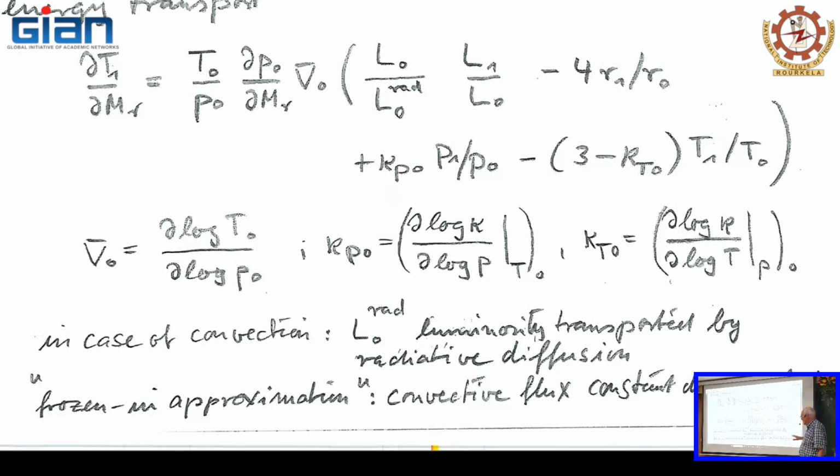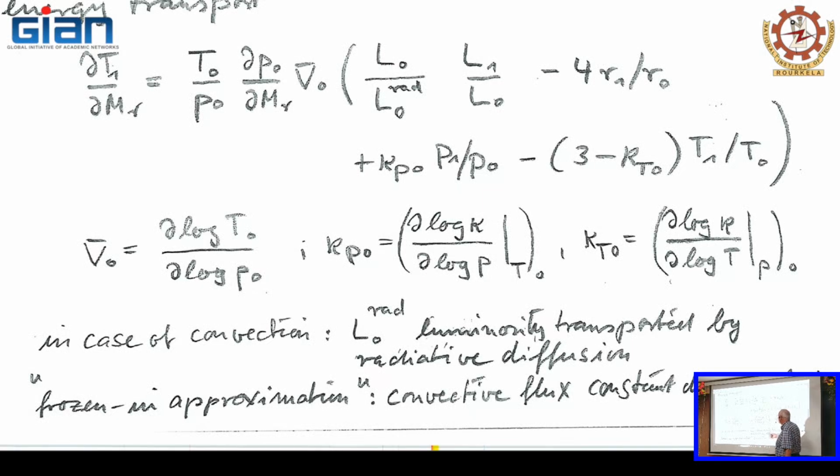Once you apply this frozen-in approximation explicitly, you will get another factor of order unity in front of the luminosity perturbation, because you don't perturb the entire luminosity, but only the fraction of the luminosity which is transported by radiative diffusion, and you ignore the fraction transported by convection.